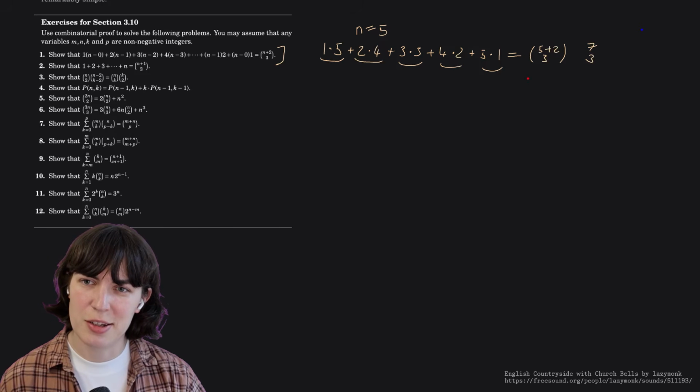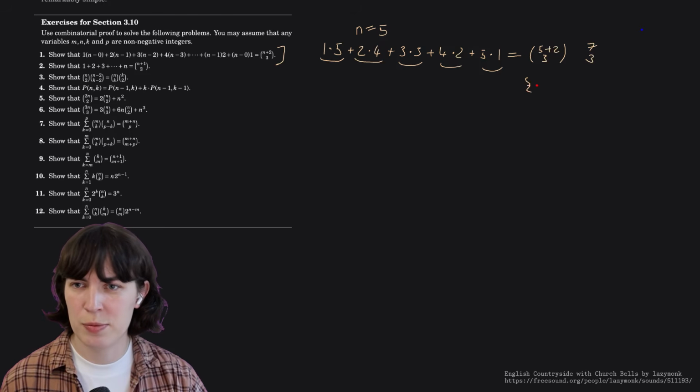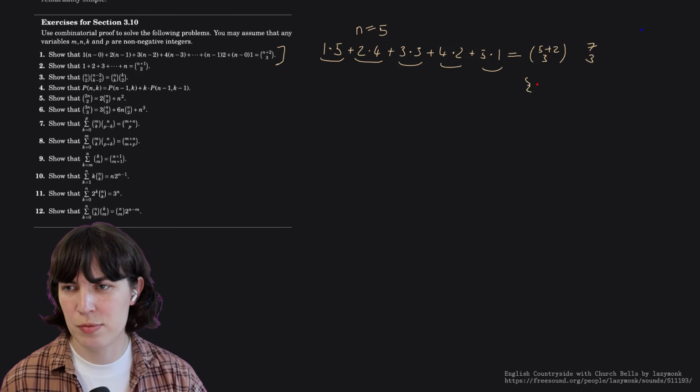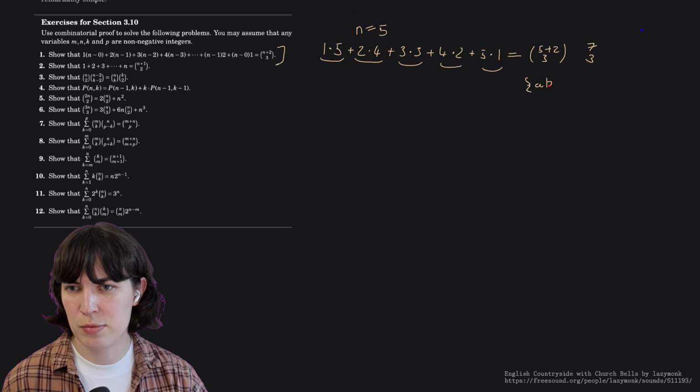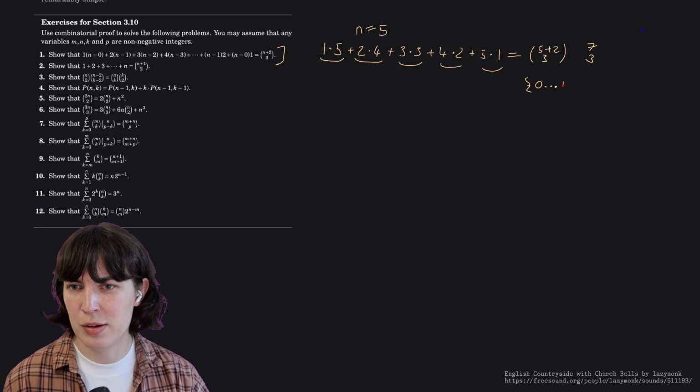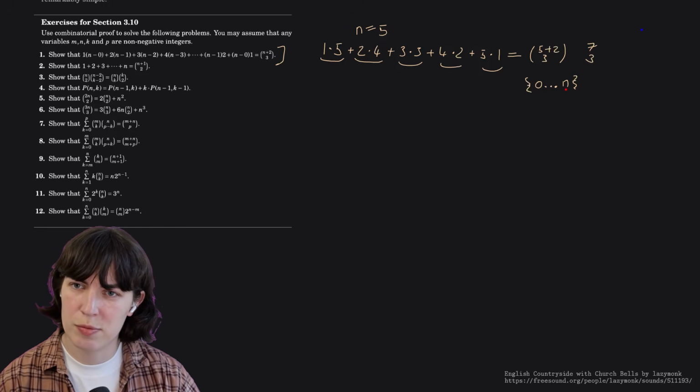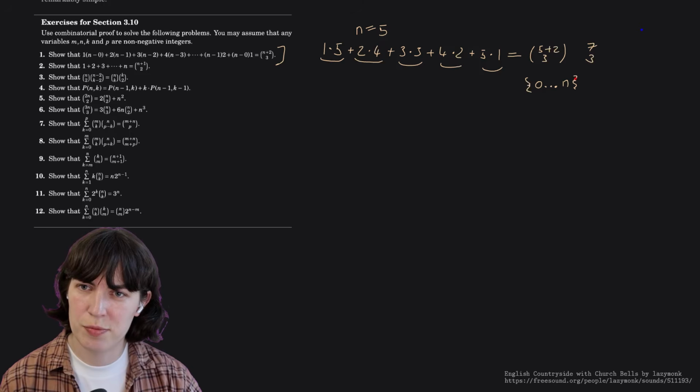So we're thinking about a set of 7 elements. Well, I guess it's going to be like 0 through n plus 2.